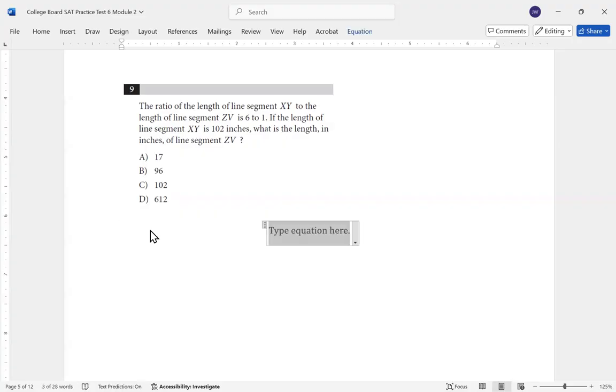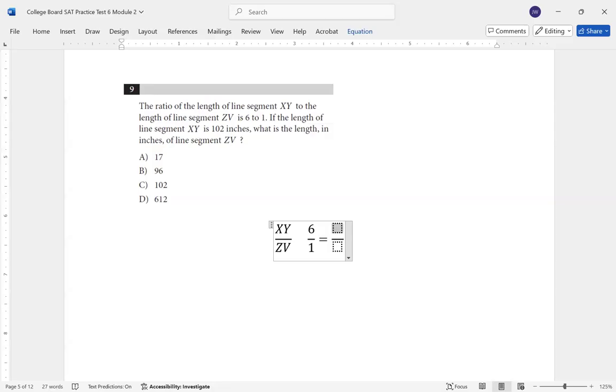Now, there's a couple of different ways you can write this, but I'm going to write this as a proportion problem. When it says the ratio of XY to ZV is 6:1, think of that as a fraction.